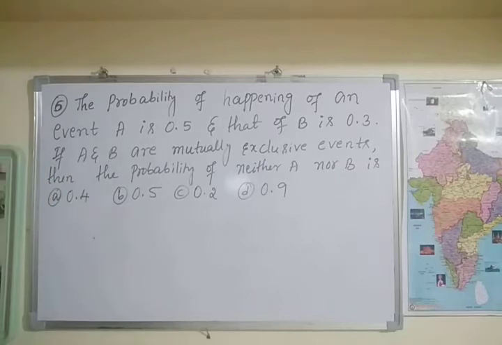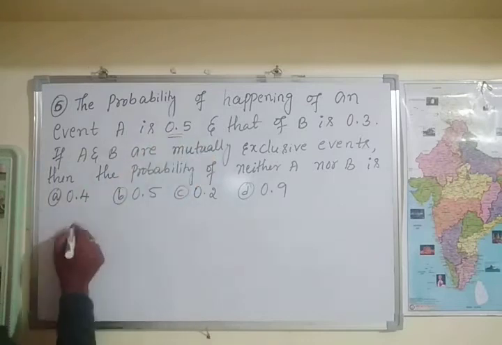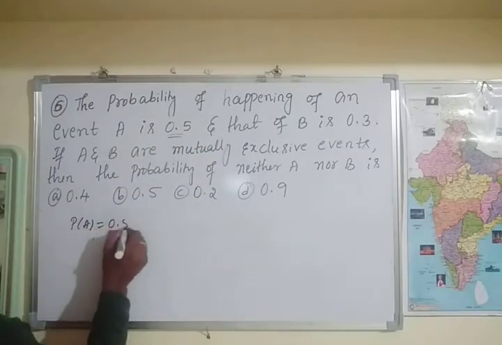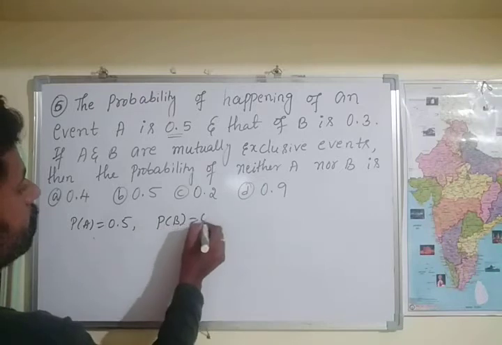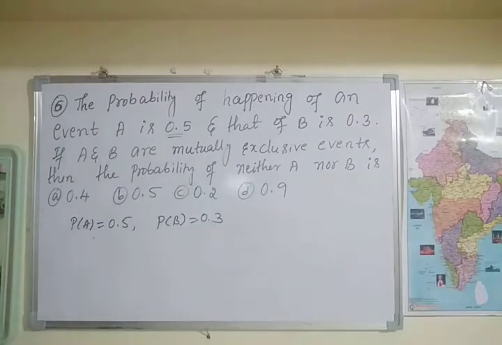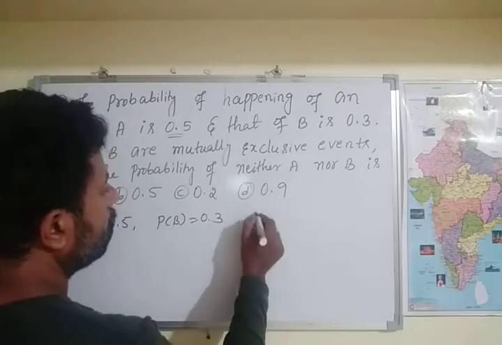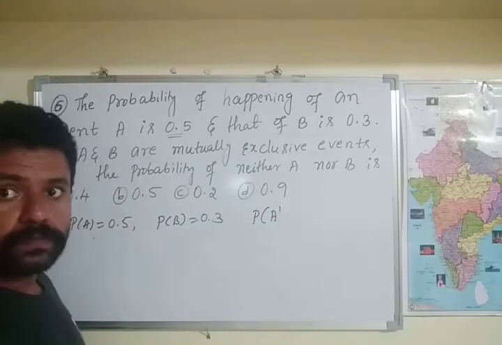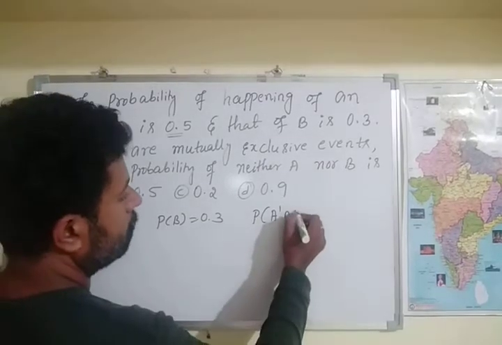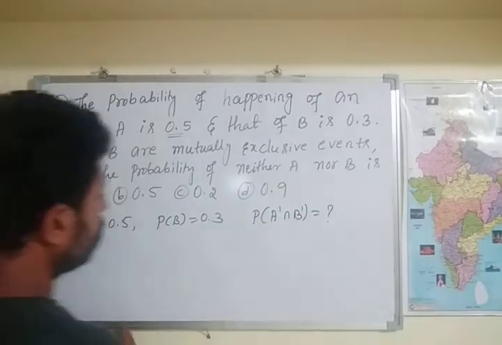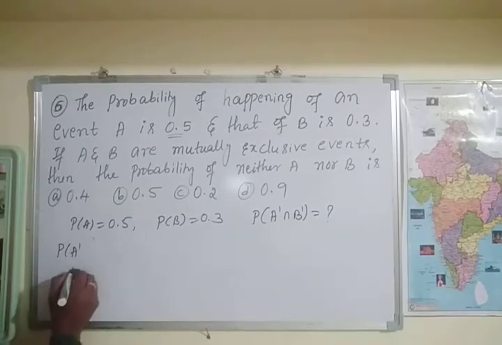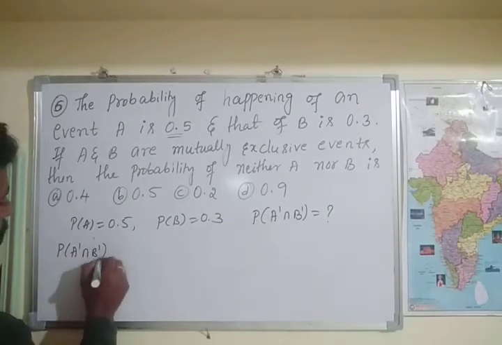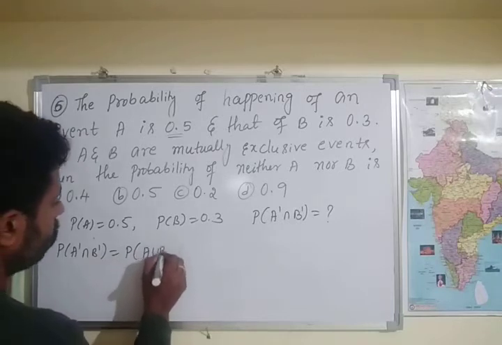See, the probability of happening of an event A is 0.5, P of A is 0.5, P of B is 0.3. If A and B are mutually exclusive events, then the probability of neither A nor B, here we have to find P of A dash intersection B dash. So P of A dash intersection B dash can be written as P of A union B whole dash.